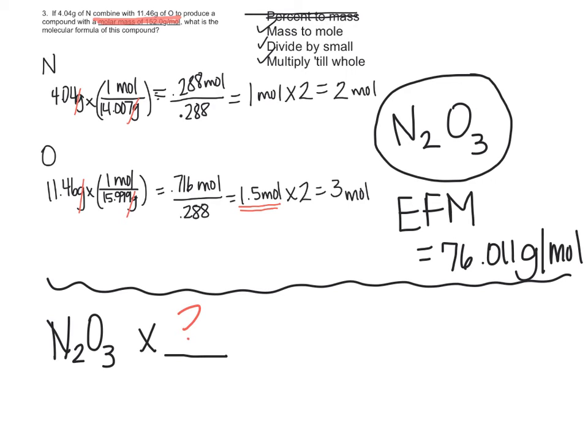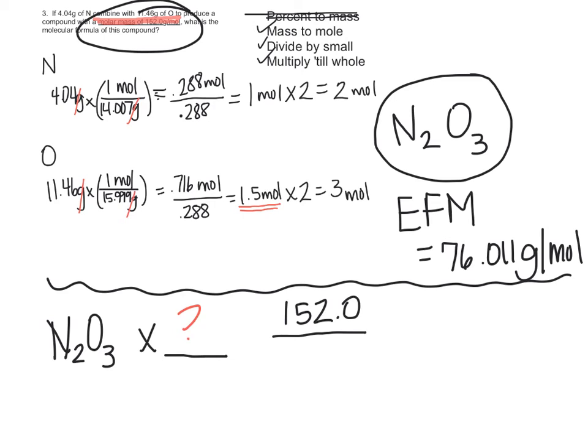And the way that I do that is I take the mass of the sample given. So remember, over here I was given a molar mass. So I'm going to take my 152.0 and I'm going to divide it by my empirical formula mass.